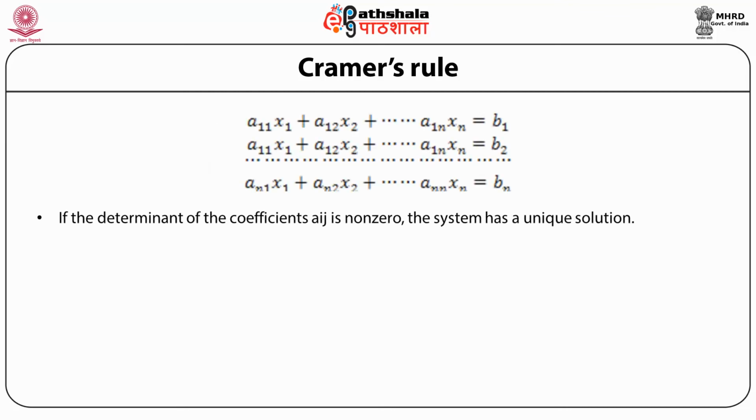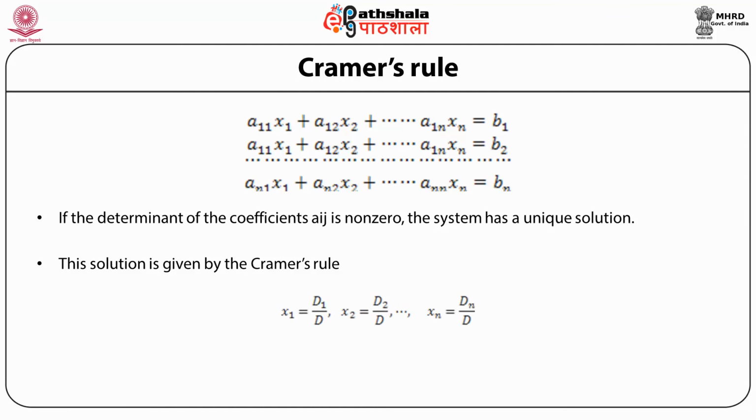That is, a11x1 plus a12x2 plus so on till a1n xn is equal to b1. In a similar way, the last equation can be written as an1x1 plus an2x2 plus so on till ann xn is equal to bn. If the determinant of the coefficients aij is non-zero, the system has a unique solution.